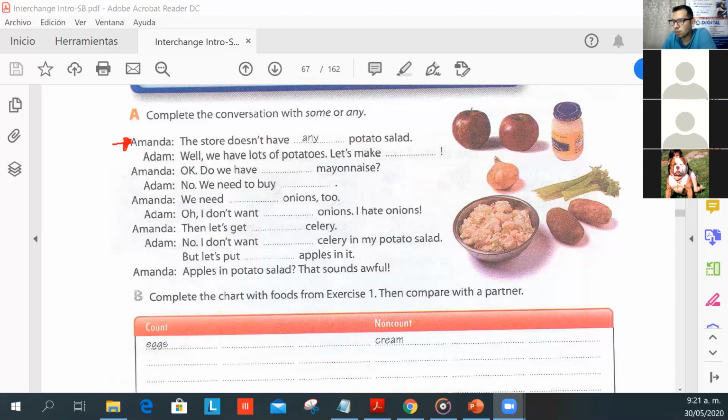Can you start reading the conversation? ¿Cómo así? ¿Empieza la conversación? Yes, the first line.